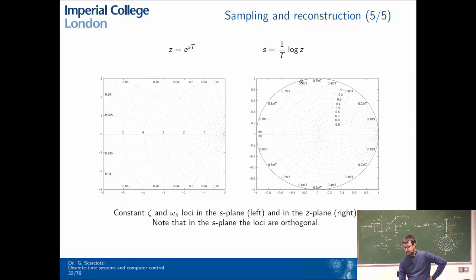What happens is that it can be shown that these lines are also perpendicular to each other. So even though you see that these lines are very deformed when you go to the z-plane, the fact that they are perpendicular is preserved. And this is a type of transformation that has nice mathematical properties.